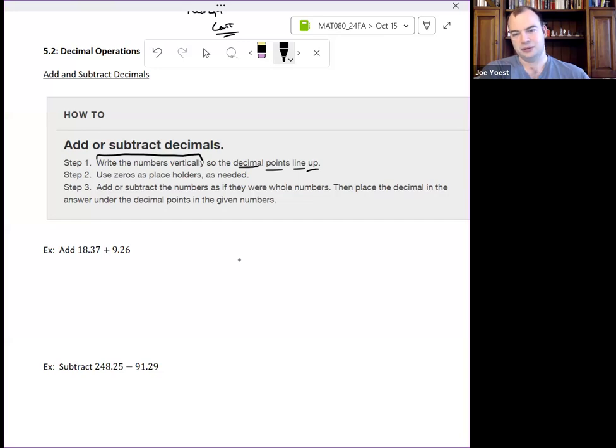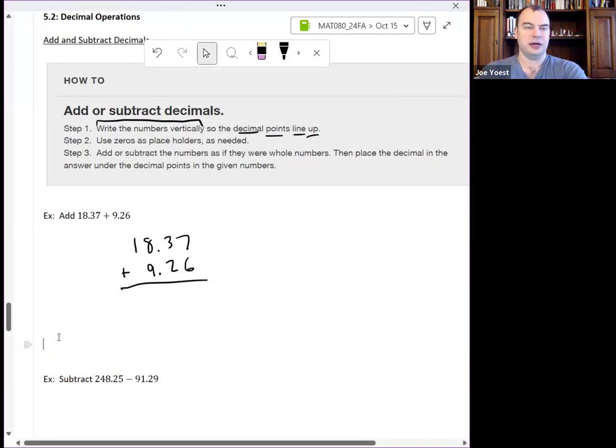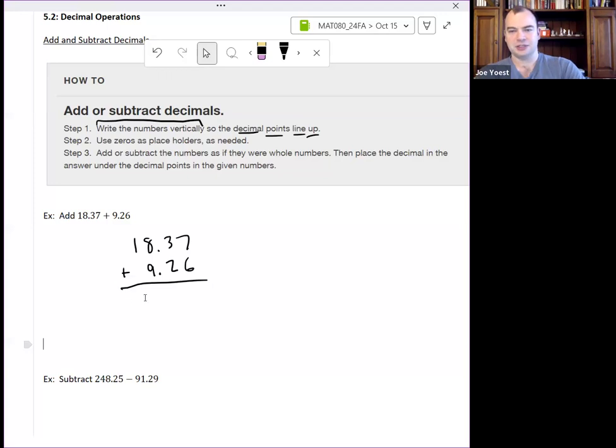So let's look at an example. 18.37 plus 9.26. We really just add these together as though we were adding together 1,837 plus 926. And in fact, this is the 10th place, this is the 100th place.